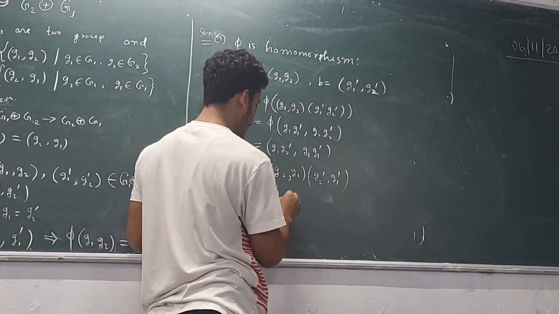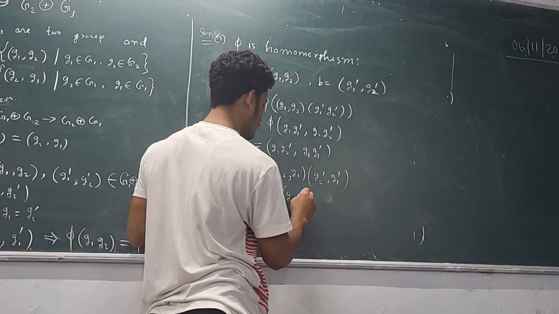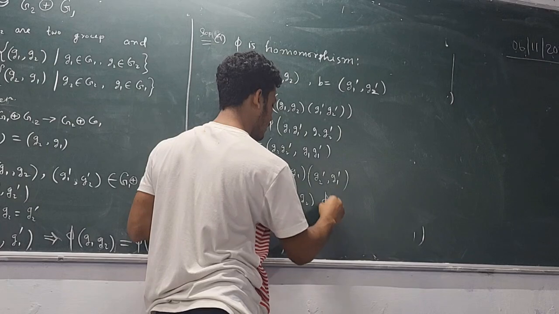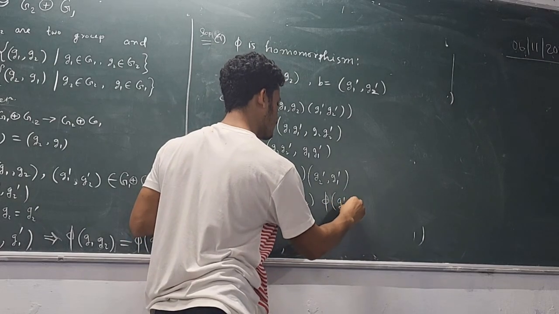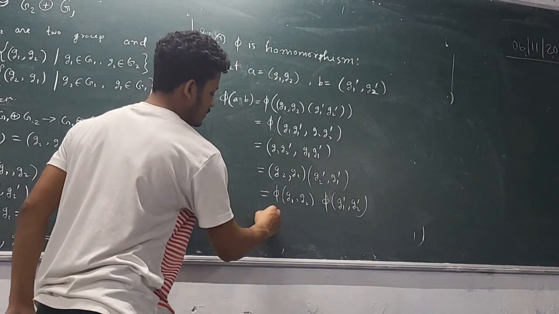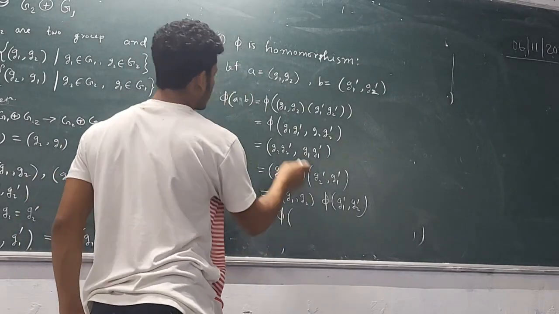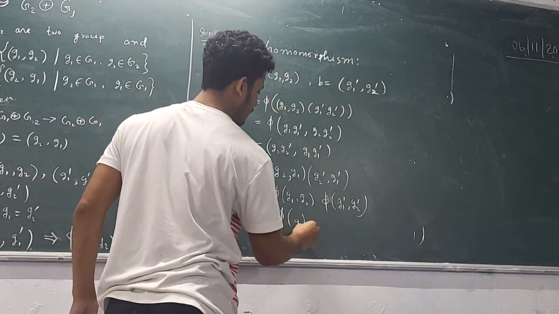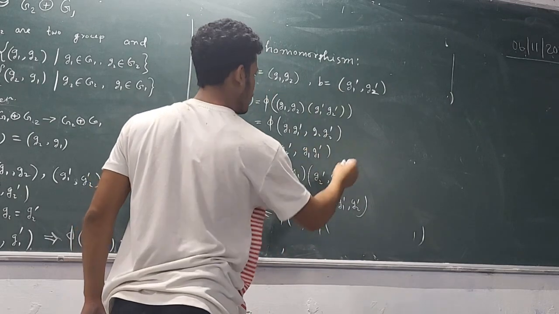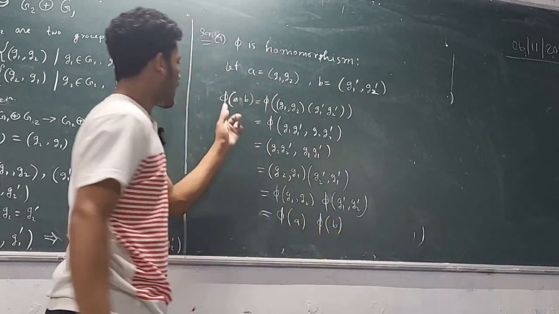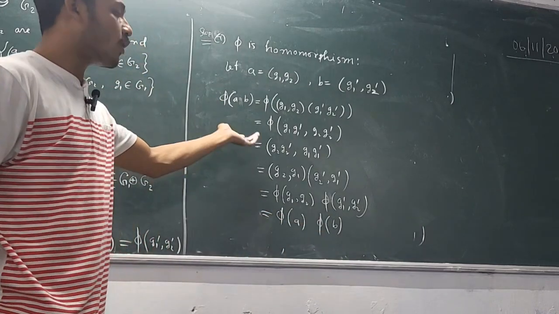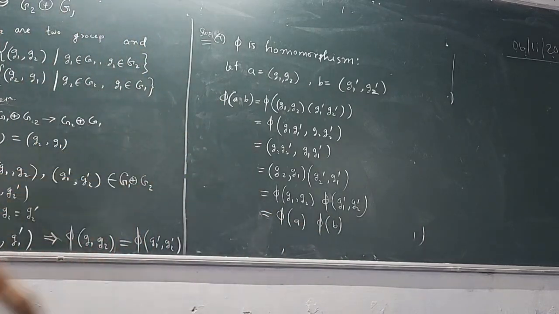So this is equal to phi of (g1, g2) and phi of (g1', g2'). Here (g1, g2) is equal to A and (g1', g2') is equal to B. So phi of AB is equal to phi of A times phi of B. Hence phi is a homomorphism.